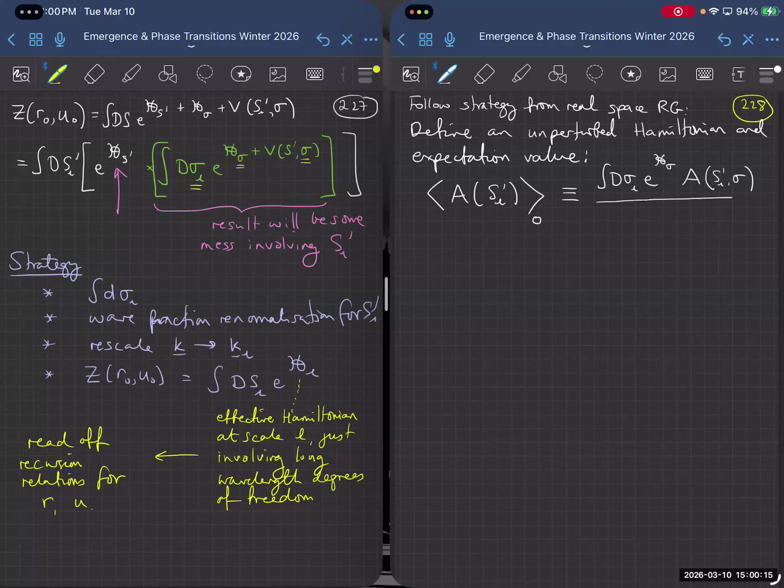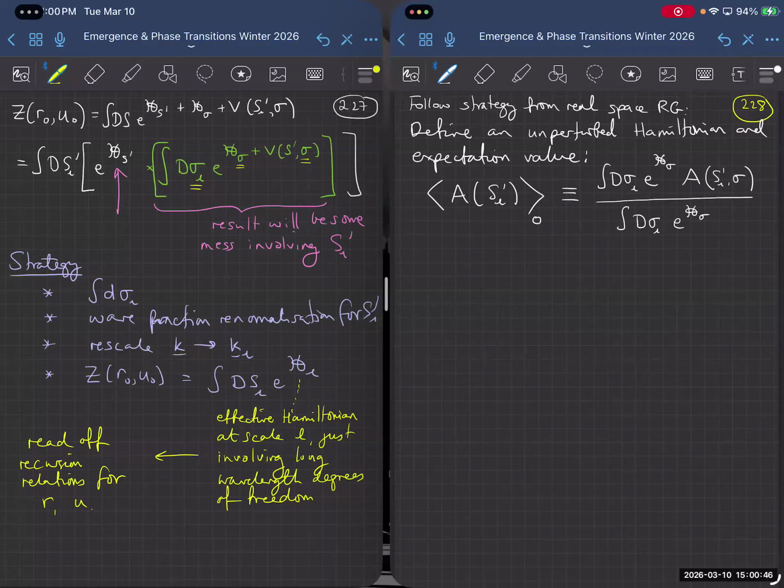And then I'm going to normalize that by the integral of the partition function for the short wavelength degrees of freedom. So it's going to look like that. That is the analog of taking an average of a bunch of spin variables inside a triangular block spin, like we did in the real space RG, but now we're doing it in K space rather than real space over a triangle.